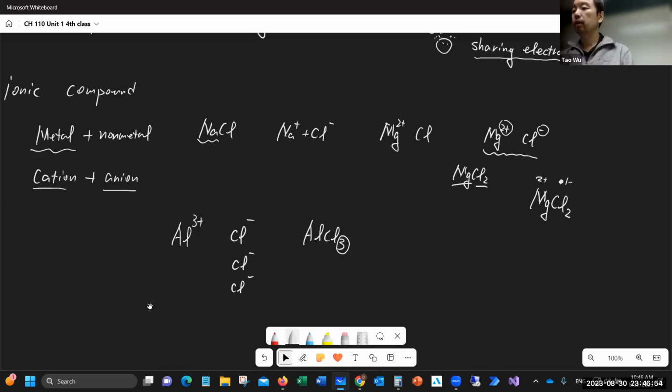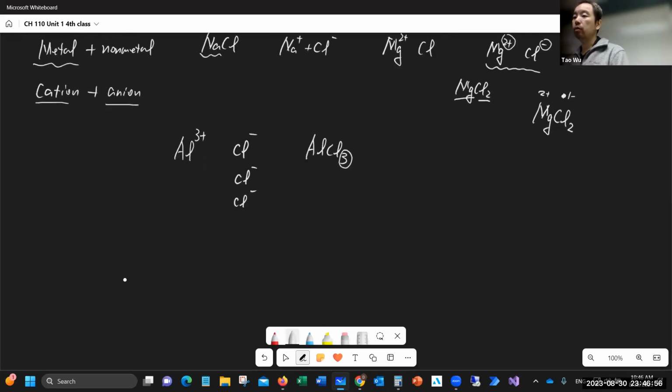What else? For example, if we have aluminum combined with, let's say, oxygen. Oxygen has a 2 negative charge. This is the oxide ion, and this is the aluminum ion. How do we balance this?